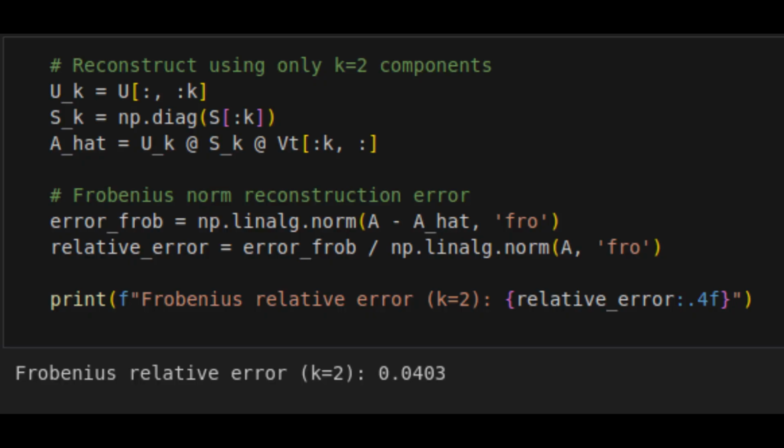So all you're going to be doing is taking a matrix norm of our A matrix and then the reconstructed matrix with just the first 2 dimensions involved, and this gives us a Frobenius relative error of 0.0403. So there's a very, very minimal difference in direction in the vectors between the A matrix and that A matrix reconstructed with just the first 2 singular trios, or the first 2 rank 1 matrices included.